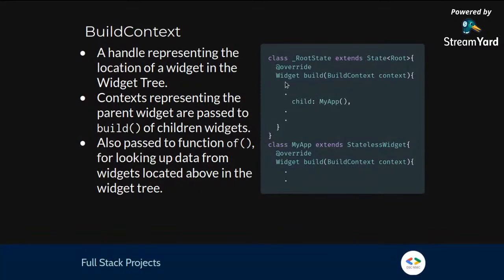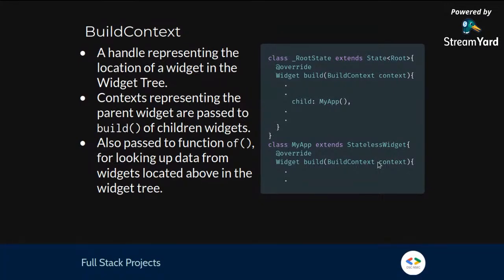It has a build method and it gets a context. Somewhere in the code we have a child, MyApp, which is some other separate widget which has its own build function in which it gets a build context too.